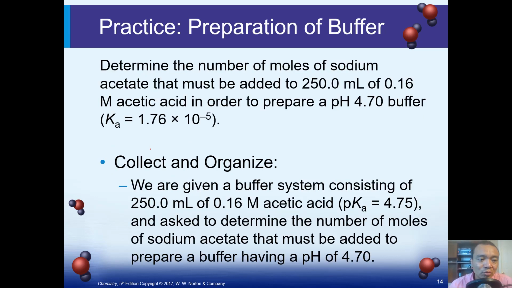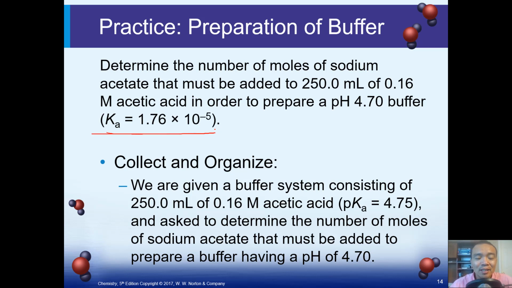Determine the number of moles of sodium acetate that must be added to 250.0 milliliter of 0.6 molar acetic acid in order to prepare a pH 4.70 buffer solution, given the Ka for that particular acid.